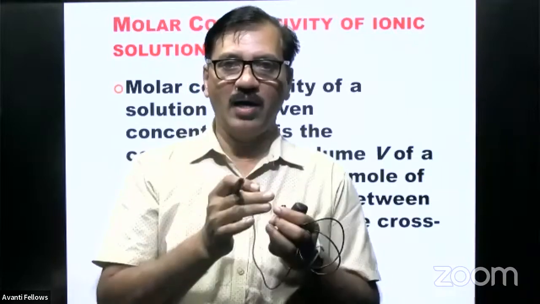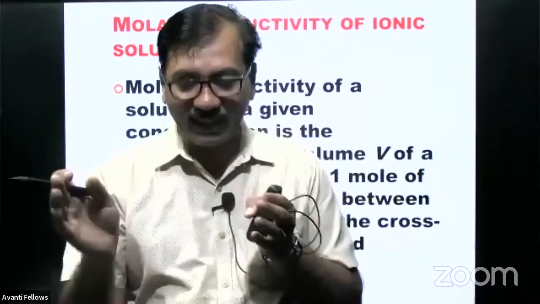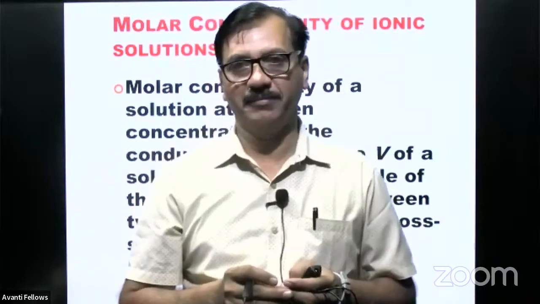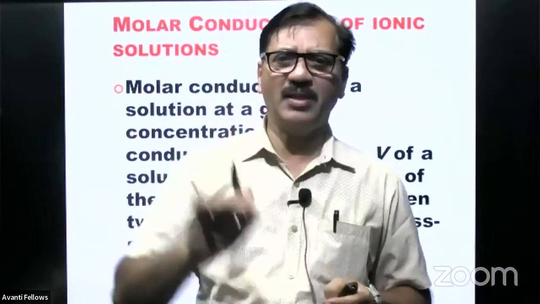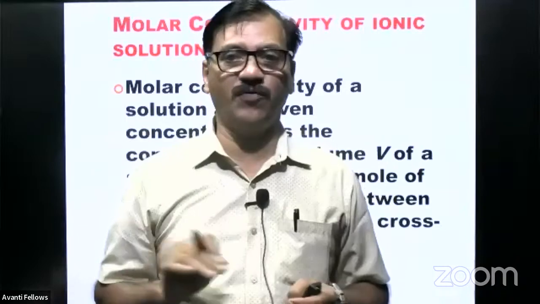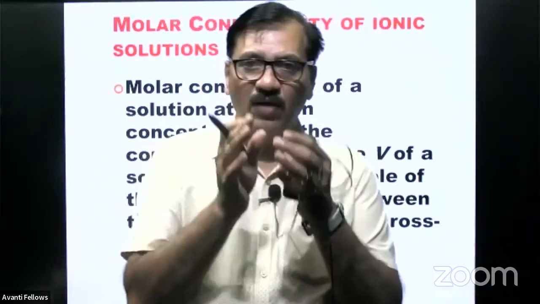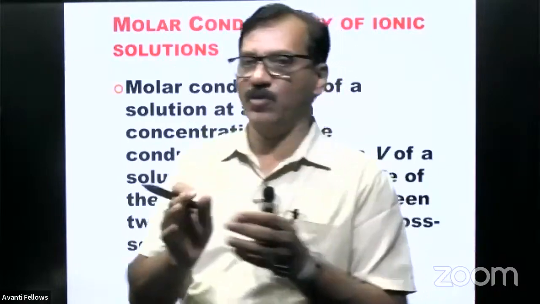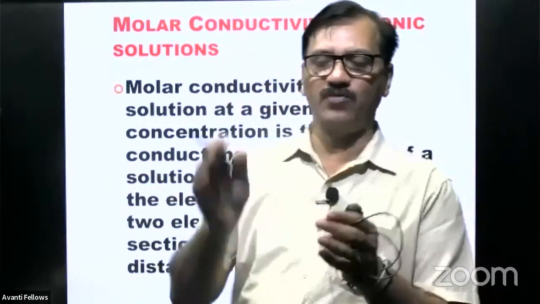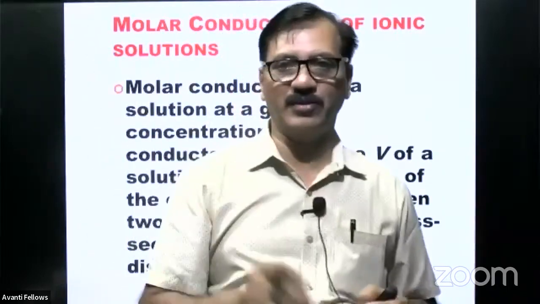So we want to measure the conductance of 1 mole of an electrolyte, whatever may be the amount of water taken, whatever may be the dilution of it, but we want exactly 1 mole of each electrolyte. Suppose it is sodium chloride, 1 mole of sodium chloride, how much does it conduct at various concentrations, say.